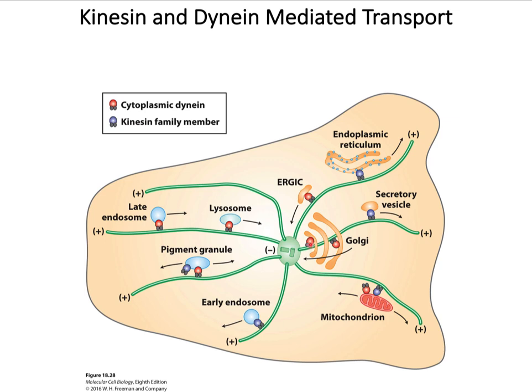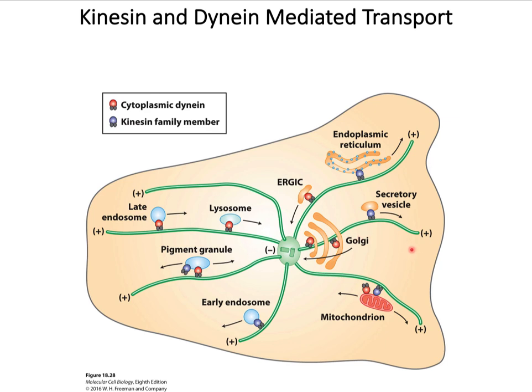What is interesting is that you can see why the cell needs both plus end and minus end directed microtubule motors. You can see on this diagram all of the microtubules emanating from the microtubule organizing center right here. And you can see the endosomes and the lysosomes, which are associated with the cytoplasmic dyneins, moving towards the center of the cell.